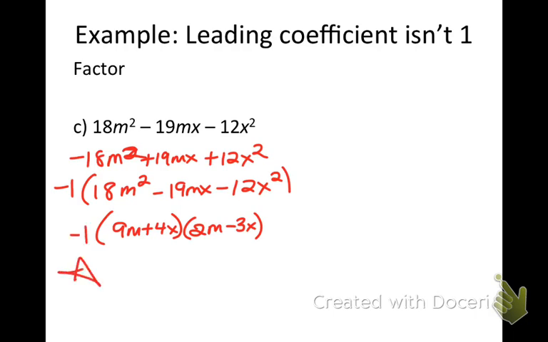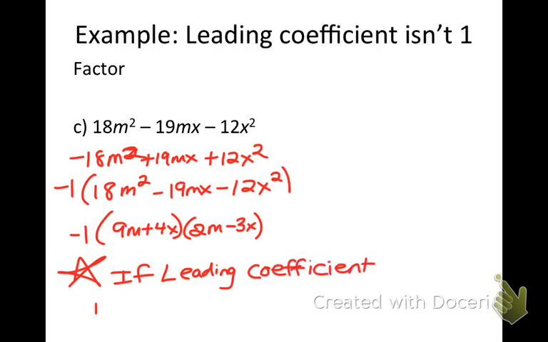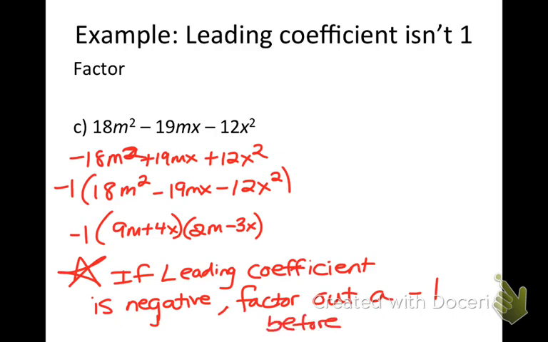So then you would factor as normal, but then you would have to remember to bring down the negative 1. So maybe you should make a quick note in your notes: if the leading coefficient is negative, factor out a negative 1 before factoring, or before the rainbow method, whatever you want to call it.